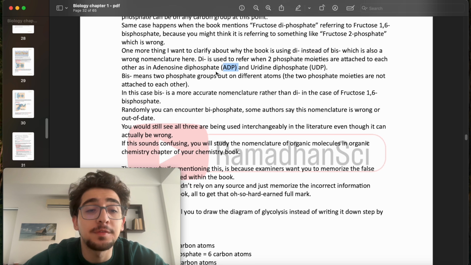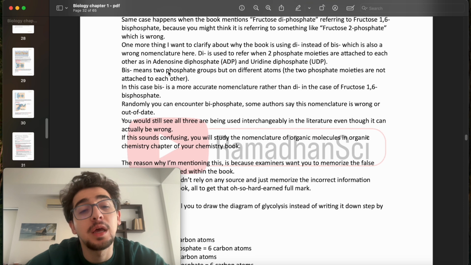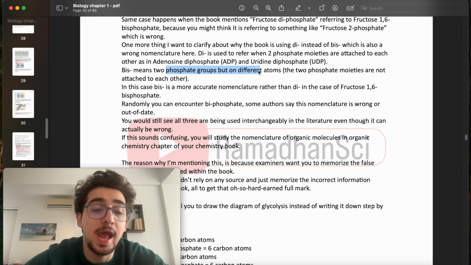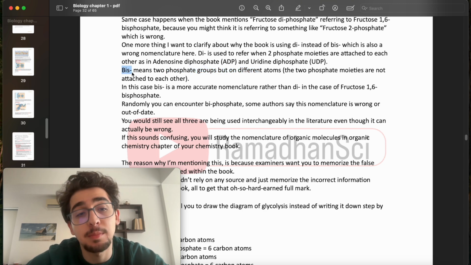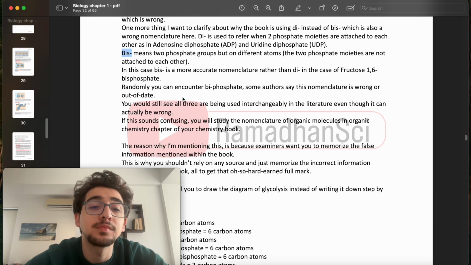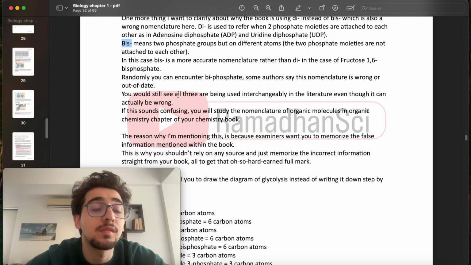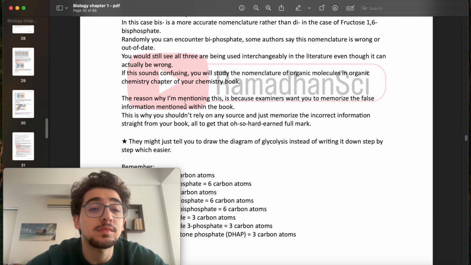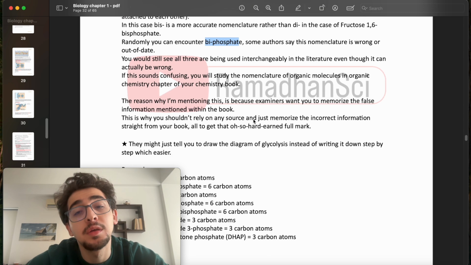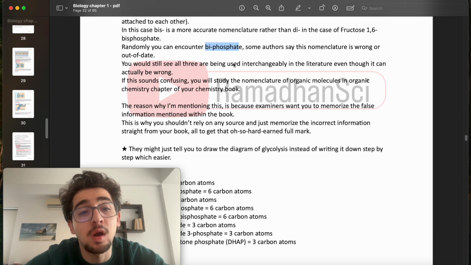But in the case of 1,6-bisphosphate, we use bis because the phosphate groups are not attached to each other, so they're on different atoms. So that's why the bis nomenclature is the more correct and more accurate form. But the book mentions it as a diphosphate. You can also randomly encounter biphosphate, but some authors consider this nomenclature as wrong or out of date.